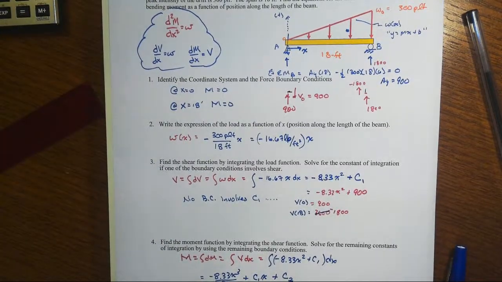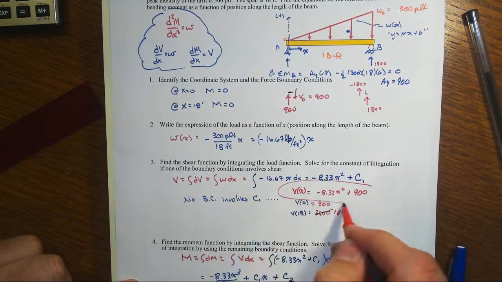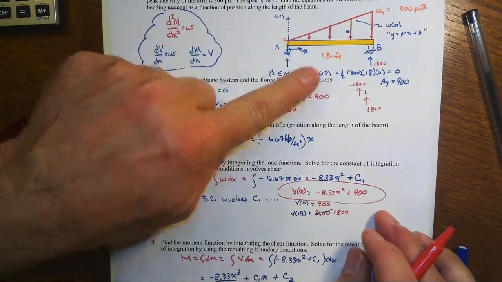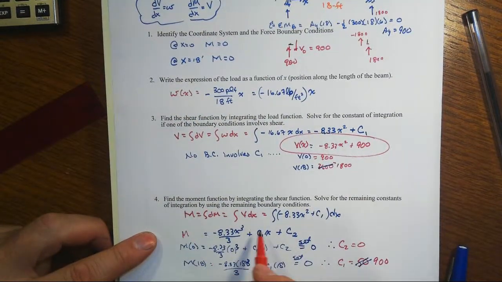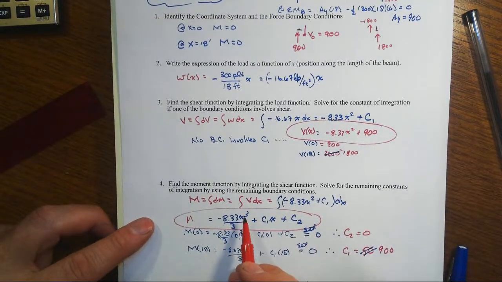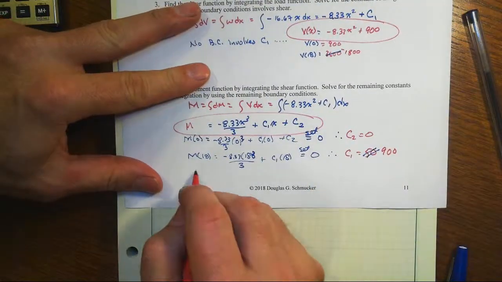Well, one of our answers is that the shear varies in a parabolic fashion. The load was linear, we integrate, we get a parabola. The moment varies in a cubic fashion, right? And I guess I never really wrote out the equation, so let's do that.